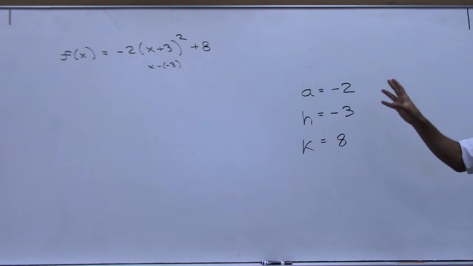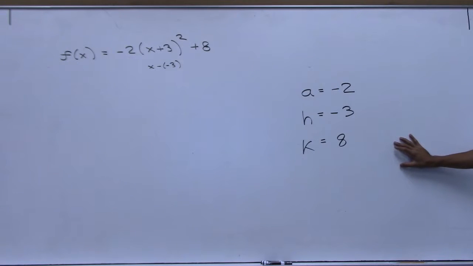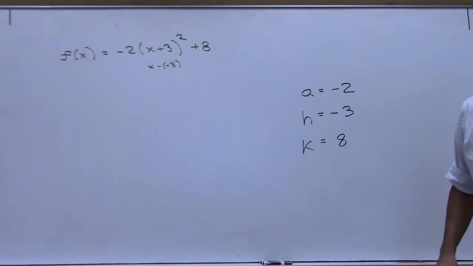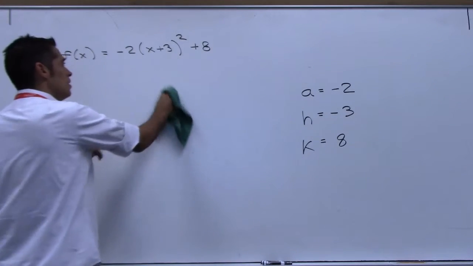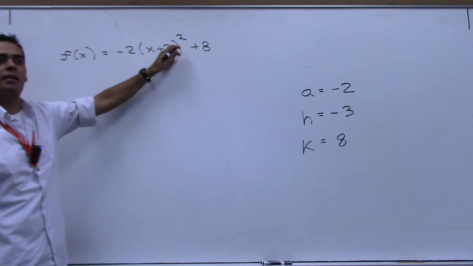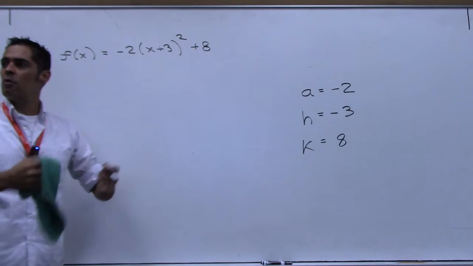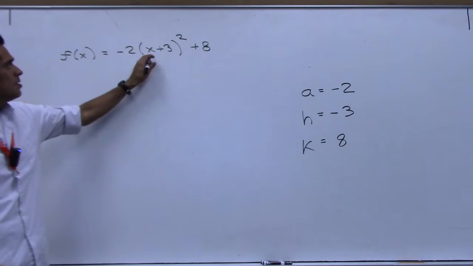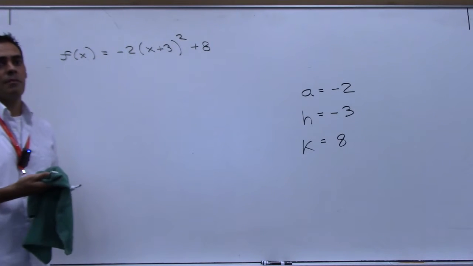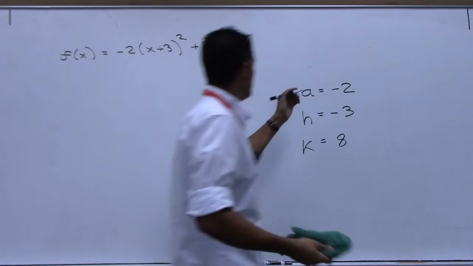All right, so we have a standard form. This is a parabola. I know quite a bit about it already, don't I? But I want to get this into expanded form. To convert it, we really just need to remove this parenthesis right here, because in the expanded form, you don't have that parenthesis, do you? So let's do x plus 3 squared. What is x plus 3 squared? I'll do it on the side here.